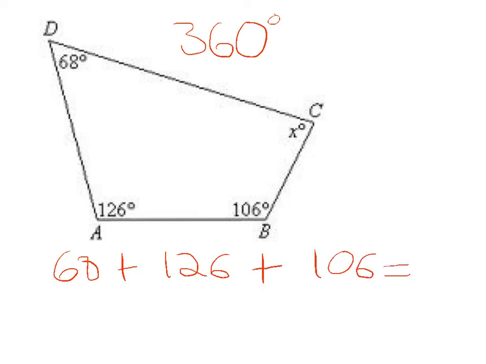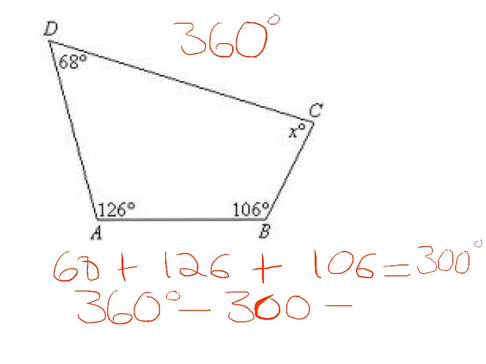If we add that together, we get 300 degrees. Then we take 300 away from 360, because that's the sum of all the angles inside a quadrilateral, and that gives us 60 degrees. So the answer, x here, is 60 degrees.